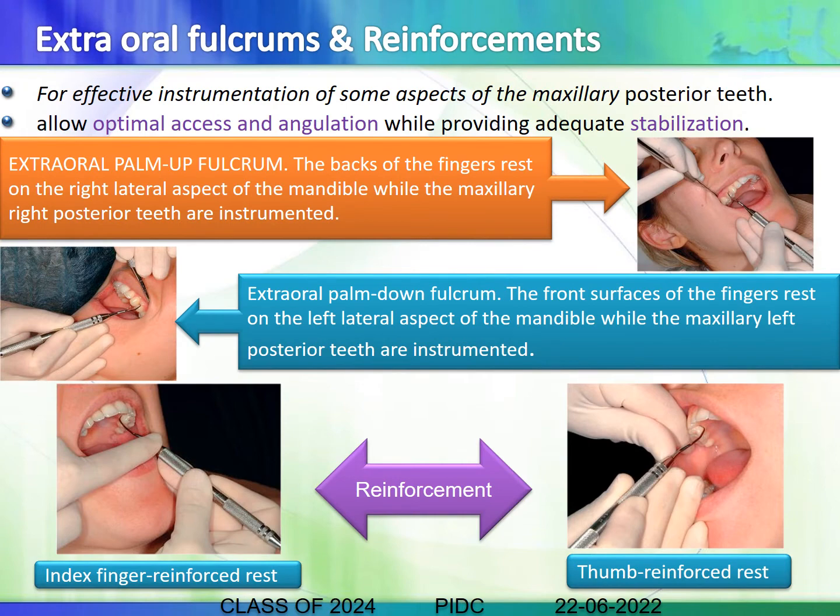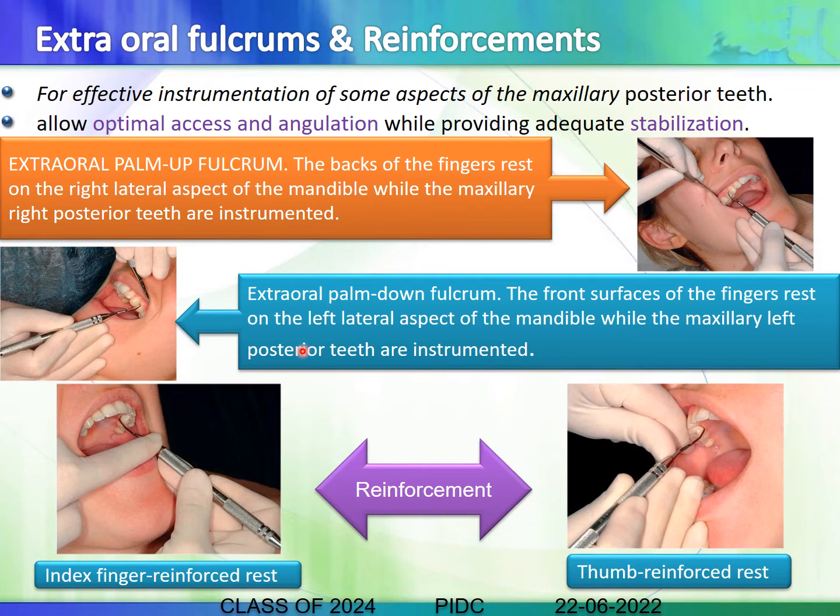Coming on to extraoral fulcrums and reinforcements, for effective instrumentation of some aspects of maxillary posterior teeth, extraoral fulcrums are used. This allows optimal access and angulation while providing adequate stabilization. Extraoral palm up fulcrum, the backs of the fingers rest on the right lateral aspect of the mandible while the maxillary right posterior teeth are being instrumented.